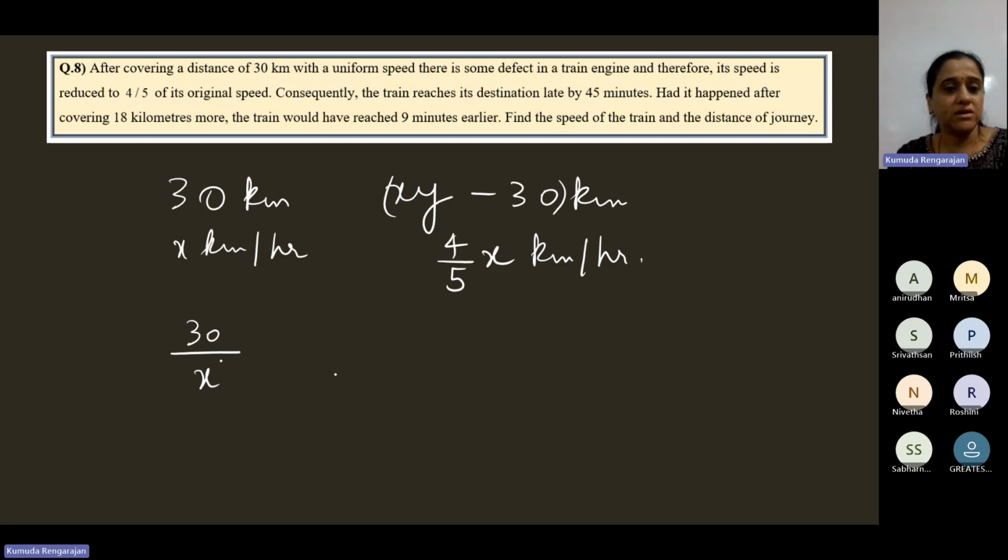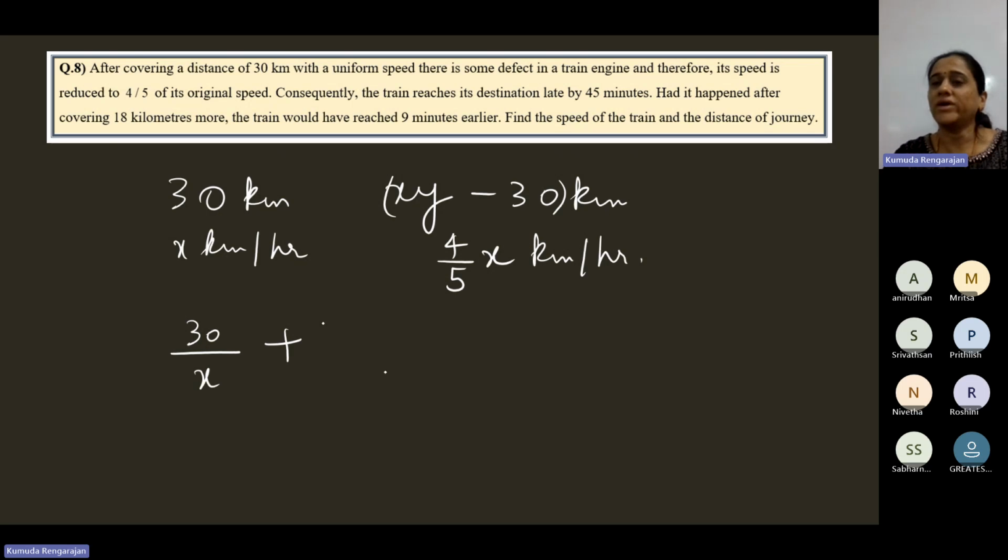Time is distance by speed. What is the distance? 30. And what's the speed? x. So 30 by x is the time taken.